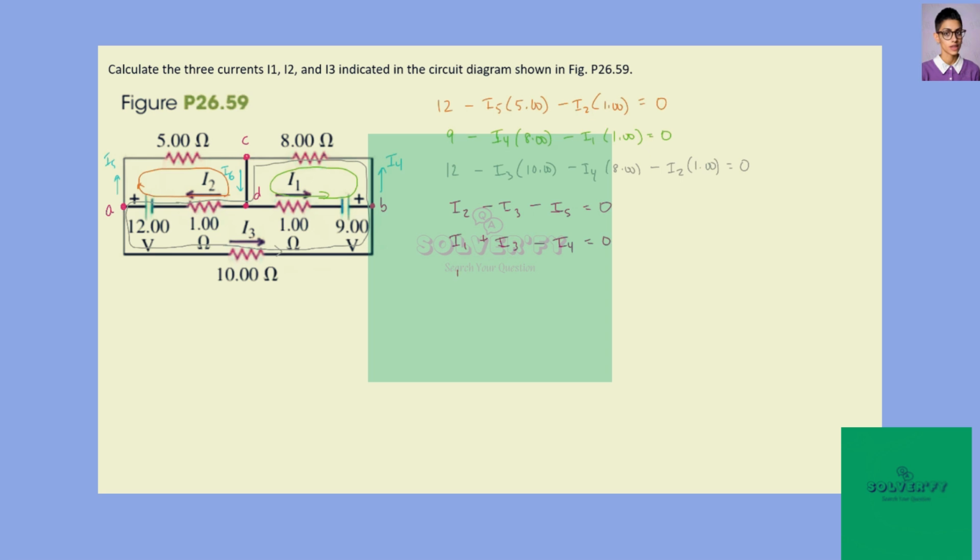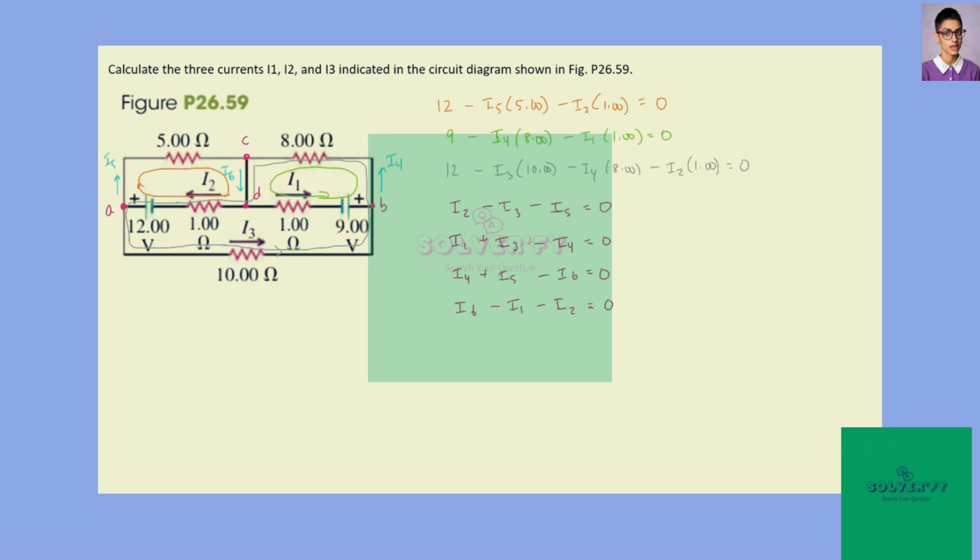At junction C, we're going to have I4 plus I5 coming in minus I6 leaving. And then I6 will split into I1 and I2. One of the things I noticed is that we actually could have eliminated I6. I realized that C and D are going to be at the same potential, and so we don't even have to worry about physically whether there's a wire there or not, since there's no resistance there.